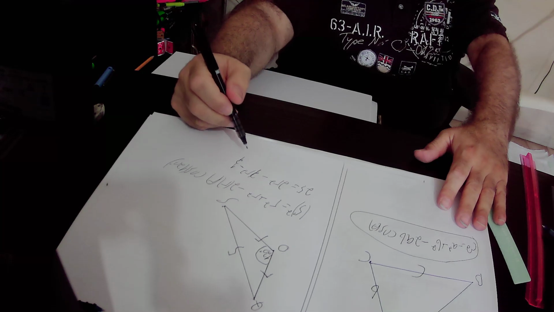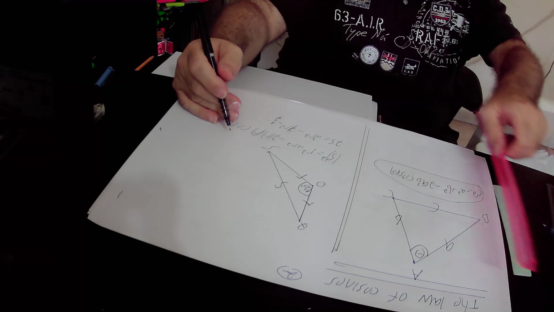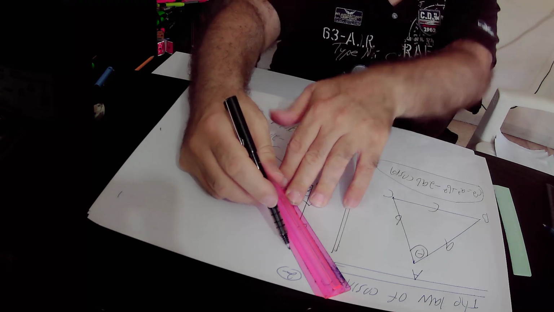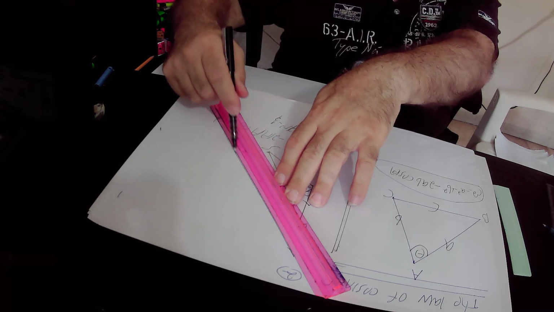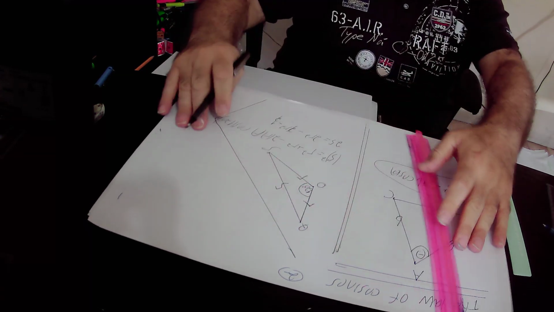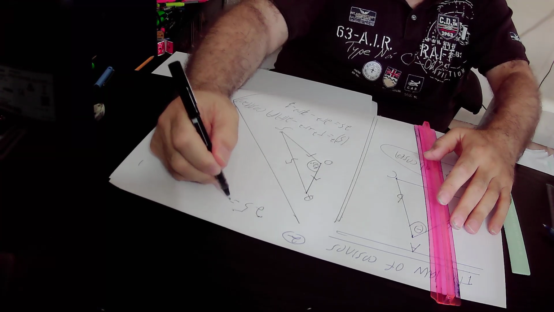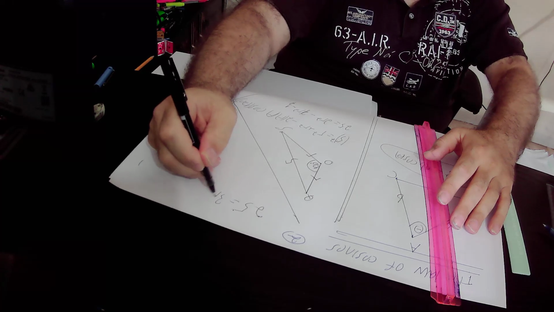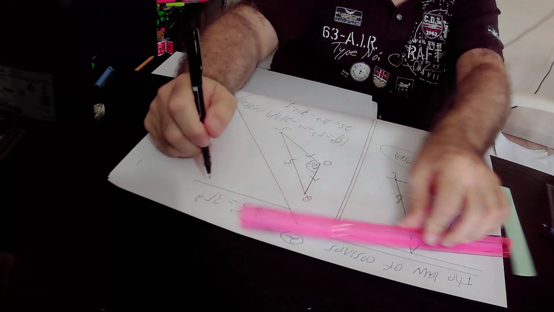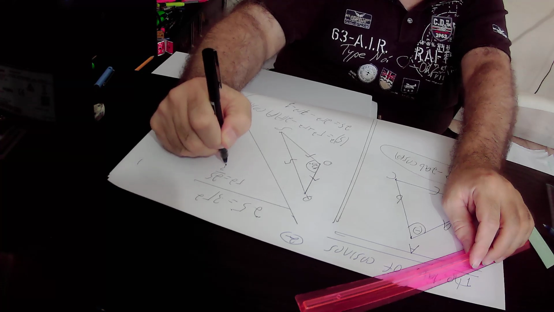Minus times minus is plus. So in conclusion, we found out that 25 equals 2R squared plus R squared is 3R squared. So here we divide this equation by 3 and we get that R squared equals 25 over 3.